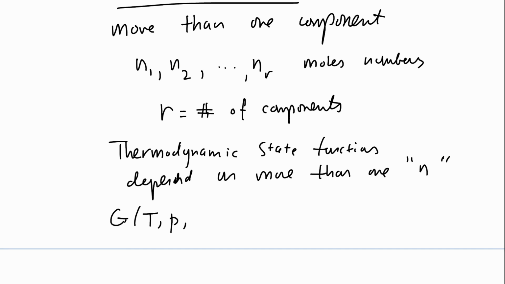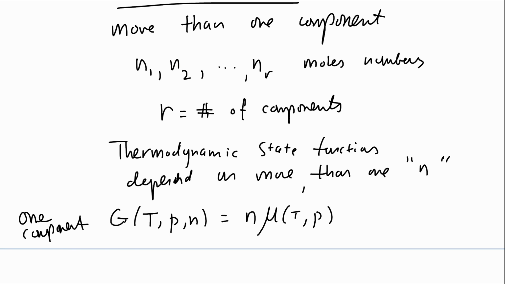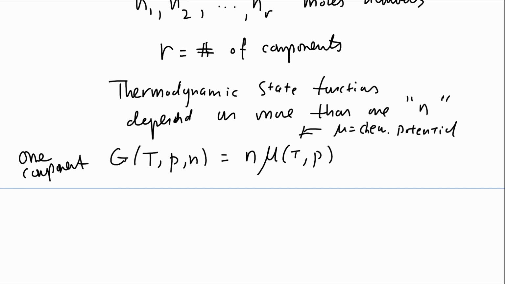So for instance, G, for one component, this is what we had: n times mu of T and P, and mu equals the chemical potential. And so in this case, mu was equal to G divided by n.